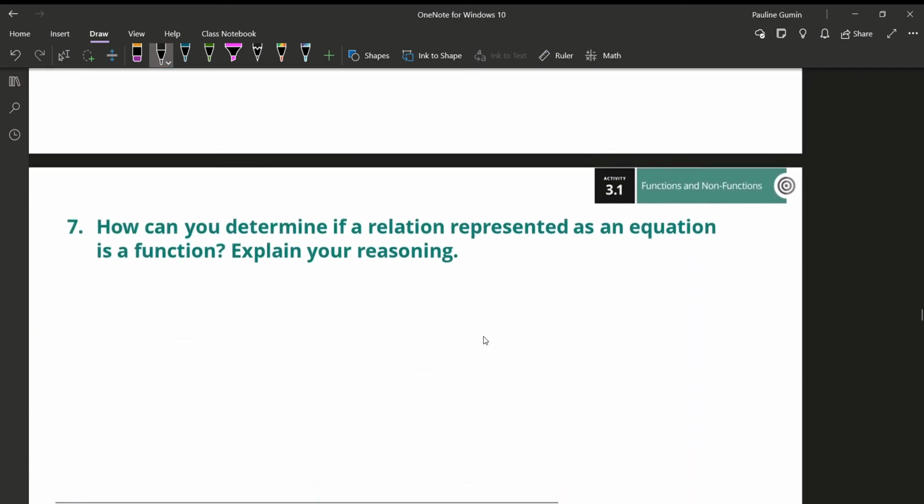Now, if we look at an equation, well, we don't have a table. We can't just look at the x's.